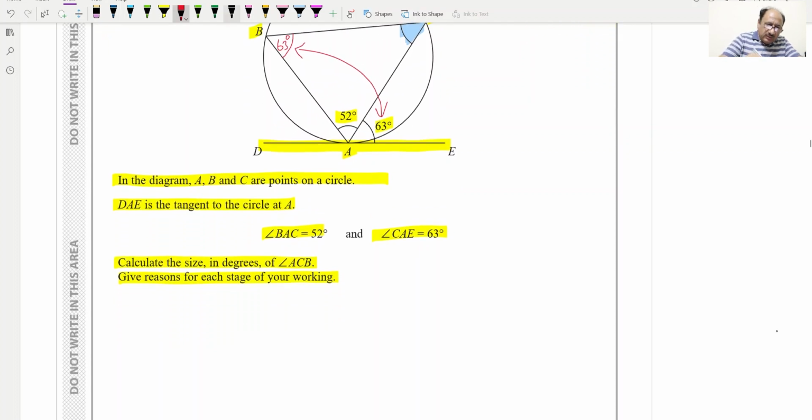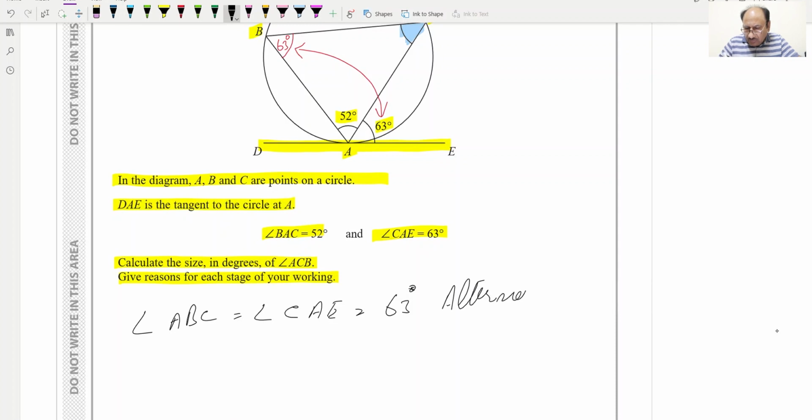So we can first of all write angle ABC will be equal to angle CAE, which is equal to 63 degrees, and the reason we will write alternate segment theorem. So this is the reason which we have provided.